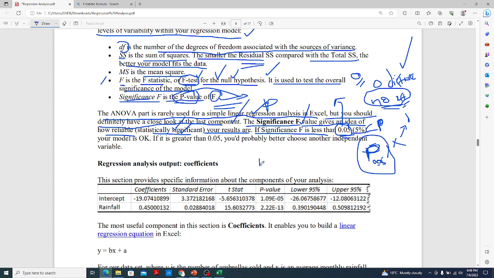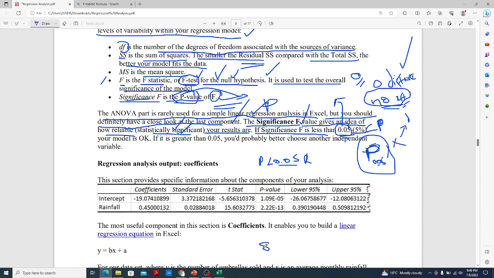So if the p-value, that is the significance F, is less than 0.05, then it will mean that your model is statistically significant.